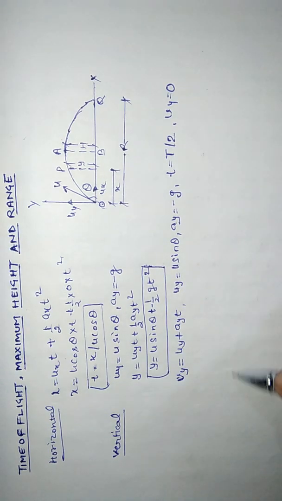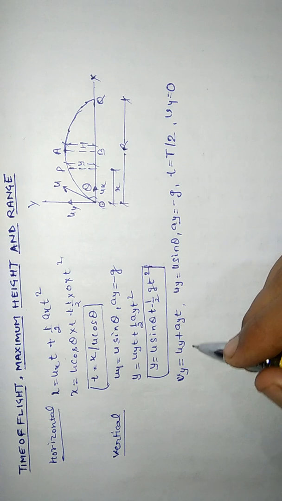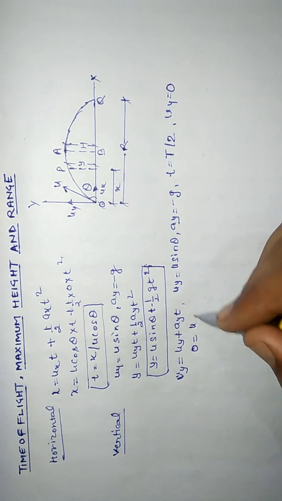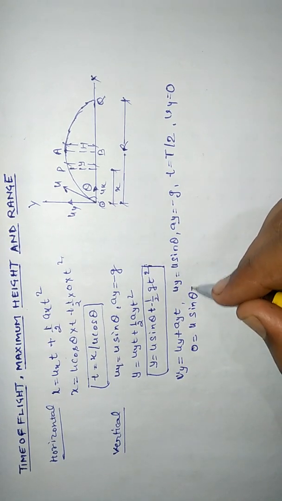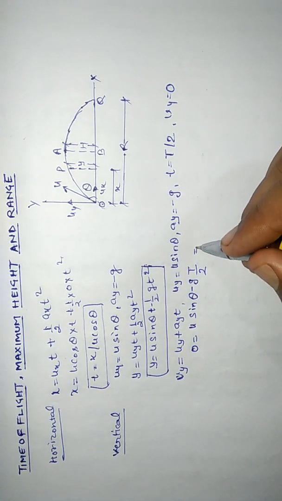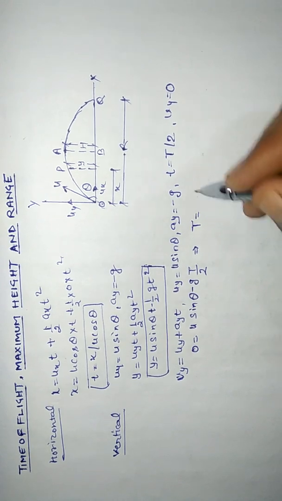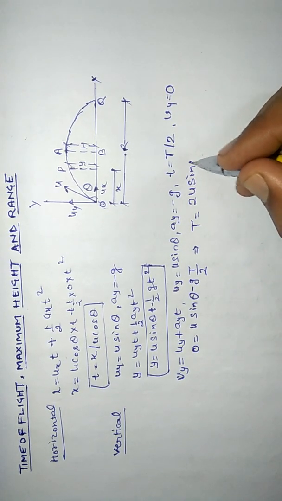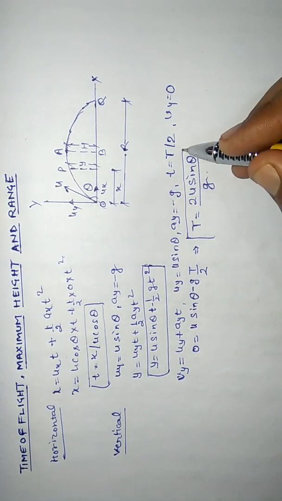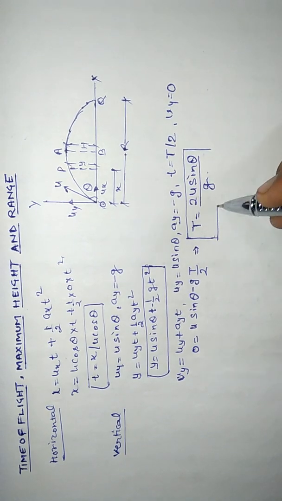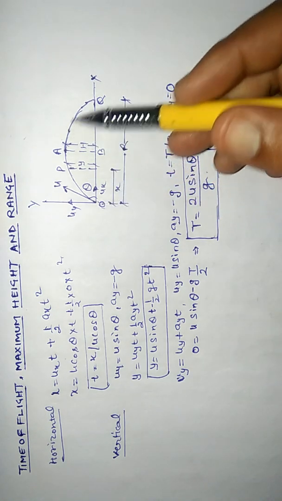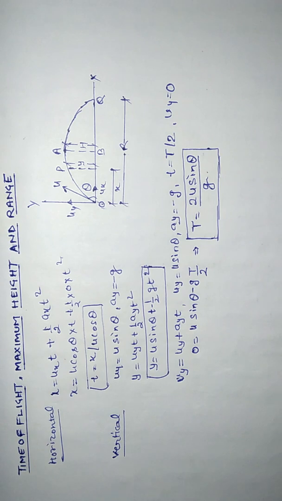Now substituting these values in this equation, we will get 0 is equal to u sin theta minus g into t by 2, or from here t is equal to 2u sin theta upon g. This is the formula for calculating the time of flight of a projectile. Means it is the time taken from point O to reach point Q.